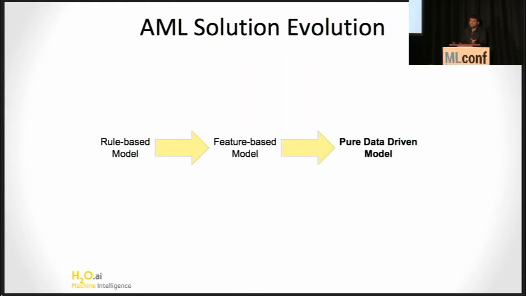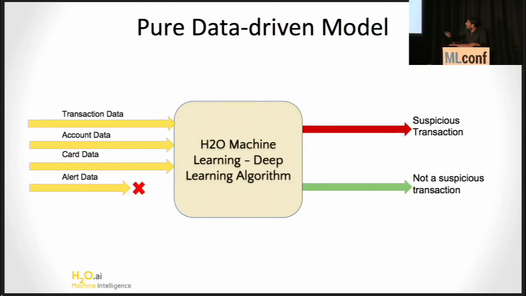The next thing that we're actually working on right now is a purely data-driven model, and we're trying to use some amount of deep learning that we've recently designed into this model. The idea with this model is that we don't use the alerts data anymore. We should be in a position where we can truly discover anomalous behavior, and at least I should be able to justify what I do.